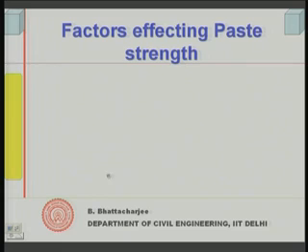Higher the pores, possibly failure at lower load, and also a function of the pore sizes. Larger the pore sizes, it will fail at lower load. So, this is the fundamental thing that we have understood, that it is the porosity and pore sizes which govern the strength of cement paste.